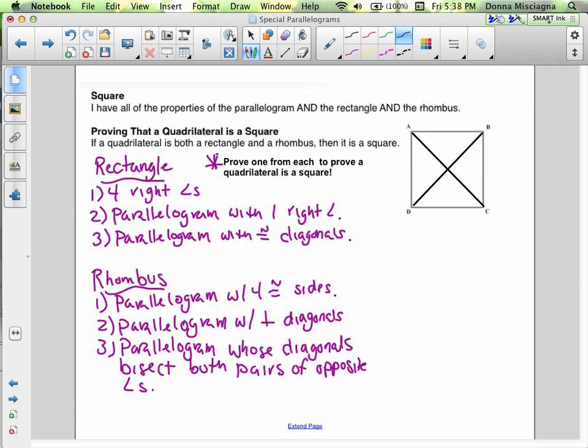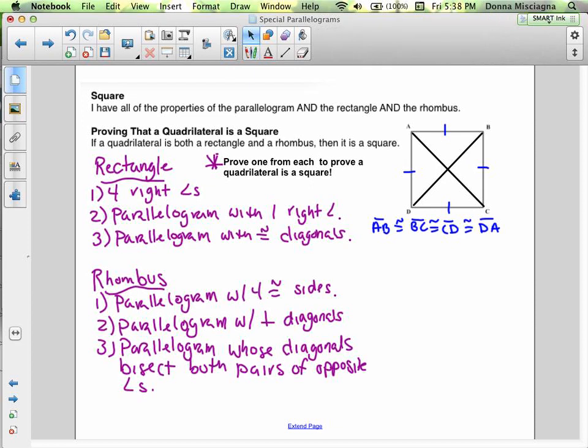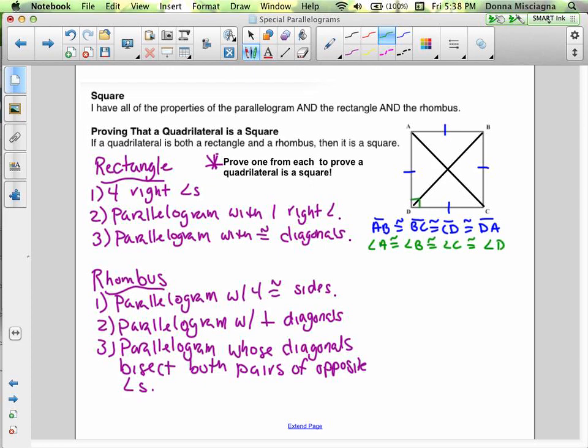All right, so first of all, AB is congruent to BC, is congruent to CD, is congruent to DA. Right? All 4 sides are congruent. We can also say that angle A is congruent to angle B, is congruent to angle C, is congruent to angle D. These are 4 right angles.